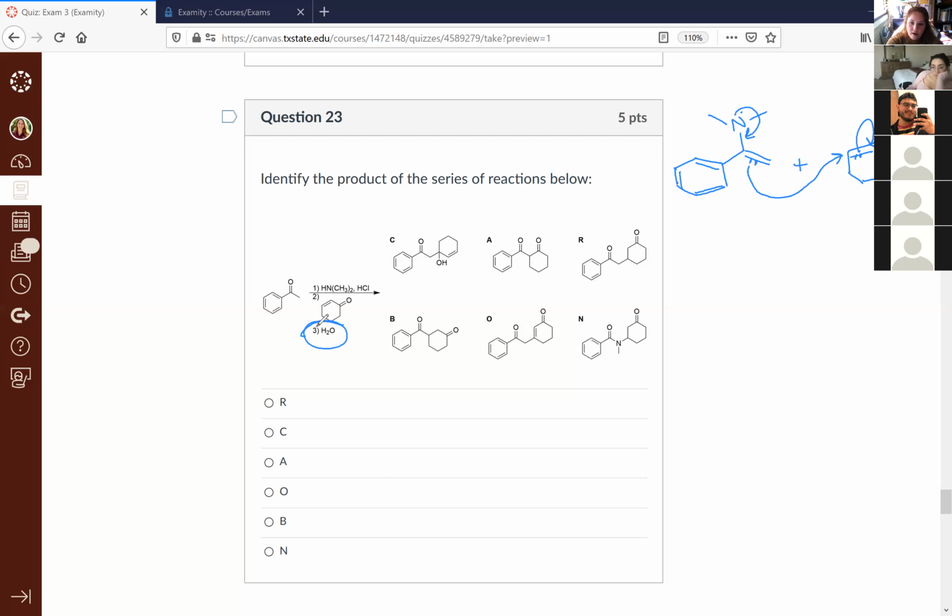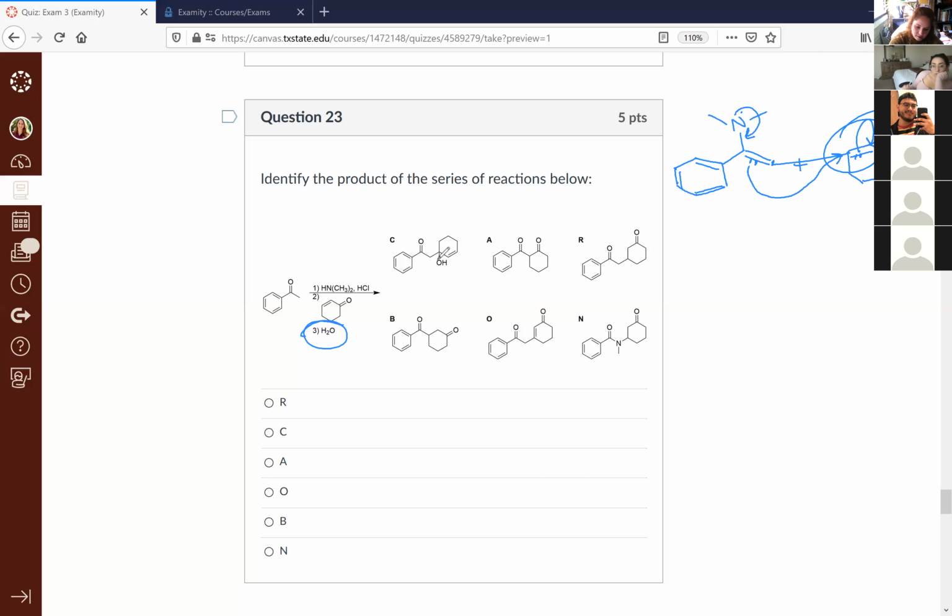So what I would do right now, if I were you, is eliminate the obvious options. If I'm doing a Michael addition, I know that this double bond is going to be gone. And I know that I'm creating a bond from this carbon to this carbon, right? So I would go through and eliminate all the things that are clearly not doing this chemistry.